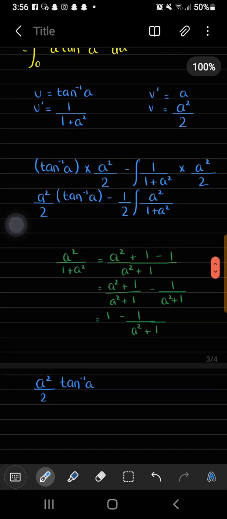So it will become a square upon 2 tan inverse a minus 1 upon 2 integral 1 minus 1 upon a square plus 1, which I can write as 1 plus a square.